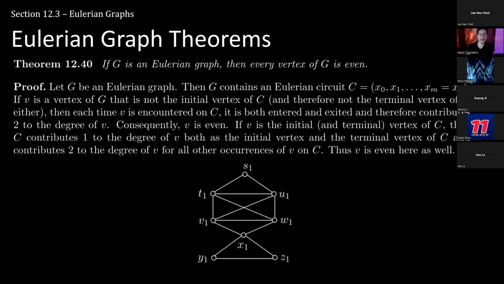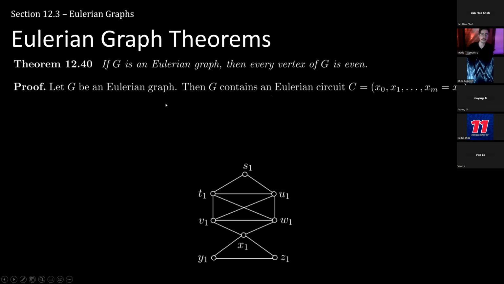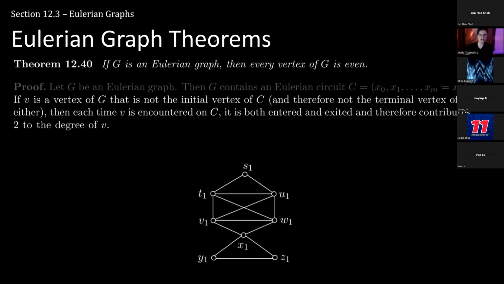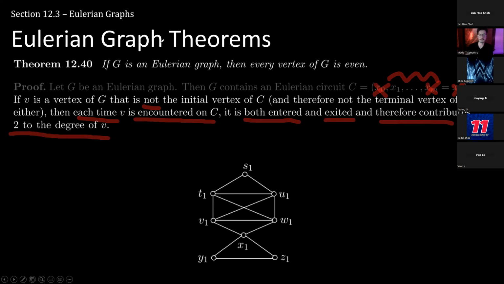So let's look at that in a little bit more depth. Let G be an Eulerian graph. That means that G will contain an Eulerian circuit C that starts at x0 and ends at x0. Now, if V is a vertex of G that is not the initial vertex of C, and therefore it's not either the first or the last one, then each time that V is encountered on C, it is both entered and exited, and therefore contributes 2 to the degree of V. This is exactly what I just said.